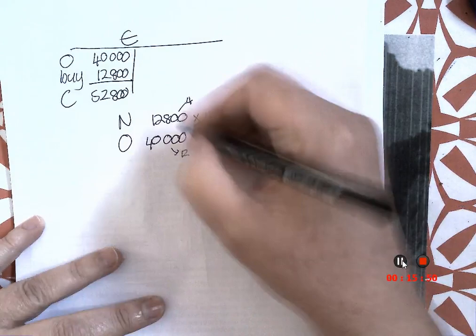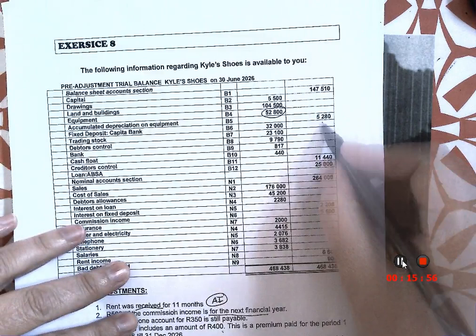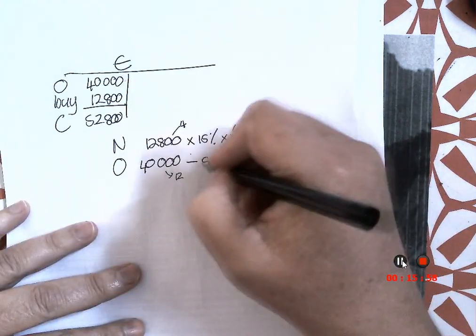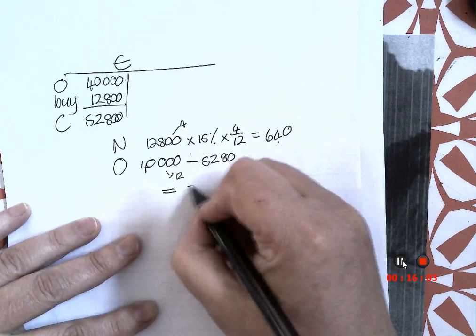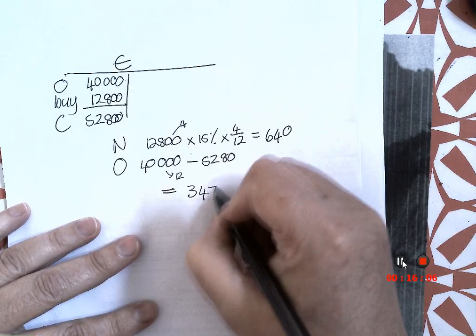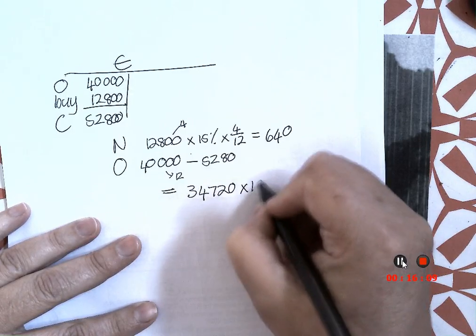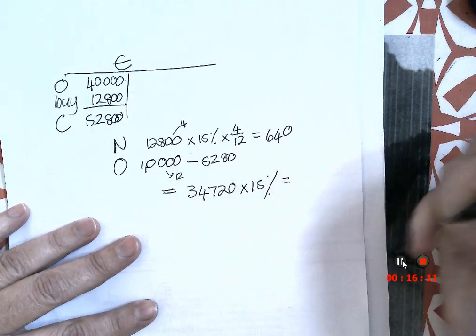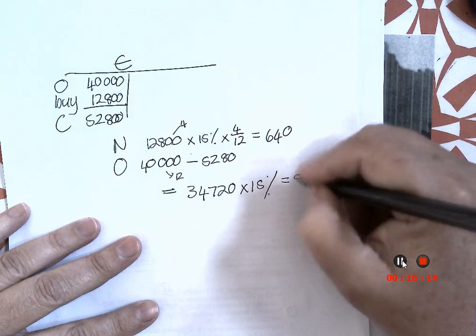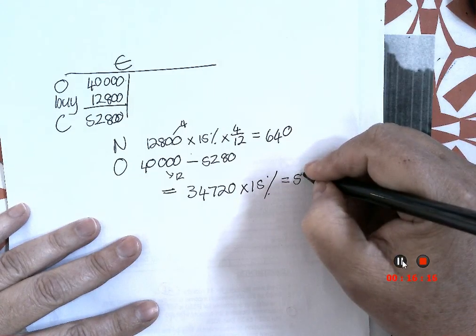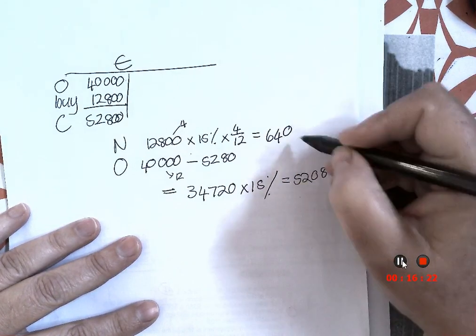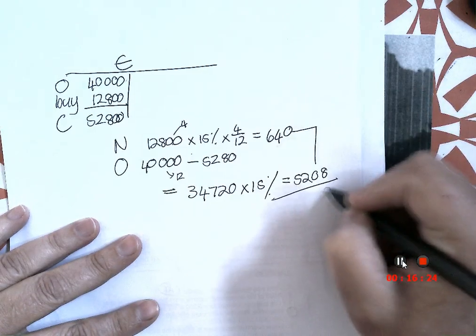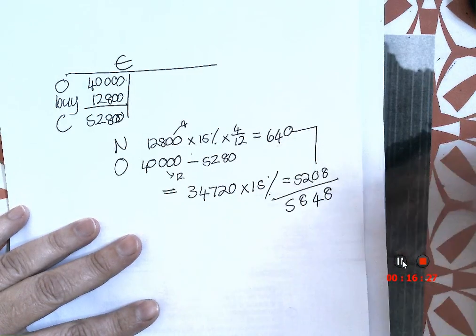So I need to subtract this accumulated 5280 to get the carrying value, which would be 34720. 15%, and that gives me 5208, like that. Okay, now I add the two, gives me 5848. Very important.